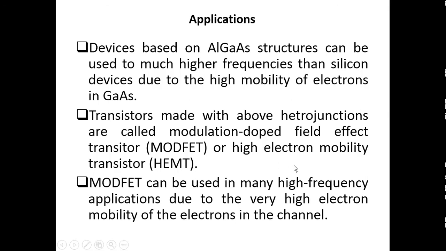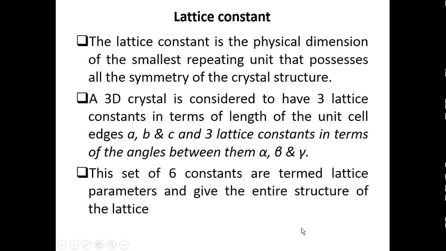So impurity scattering is not possible with gallium arsenide, and there is no carrier motion limited by impurity scattering. So high mobility is possible for electrons in this kind of device. This kind of device fabricated with the aluminum gallium arsenide structure is essentially a high electron mobility transistor. It can be used in many high frequency applications due to the very high mobility of the electrons in the channel.